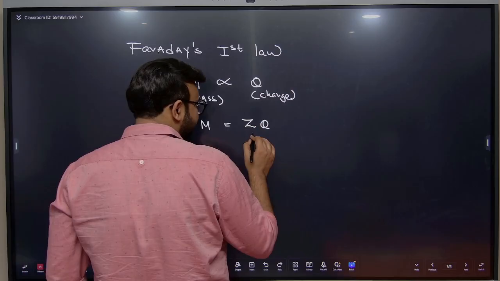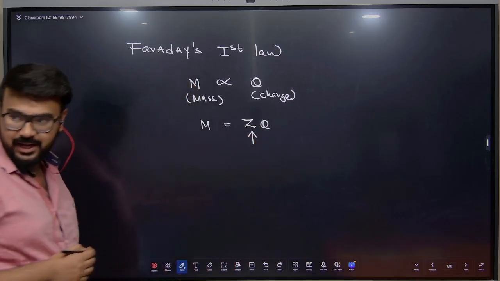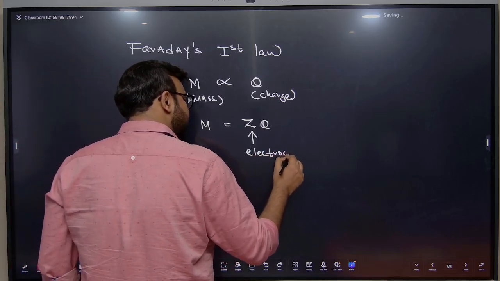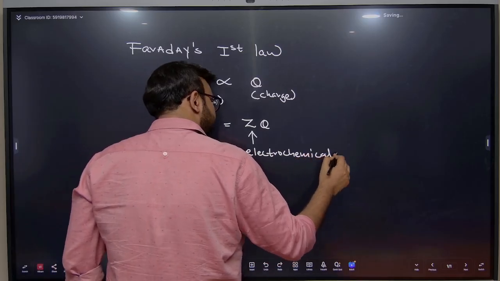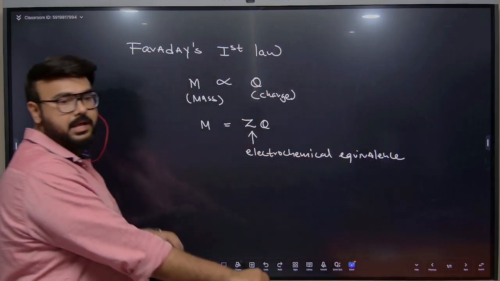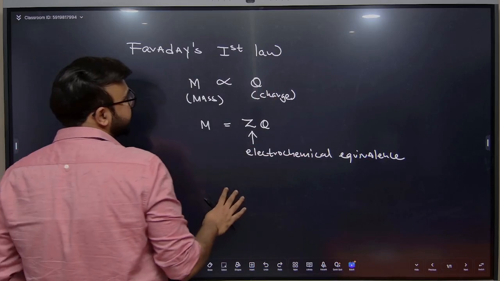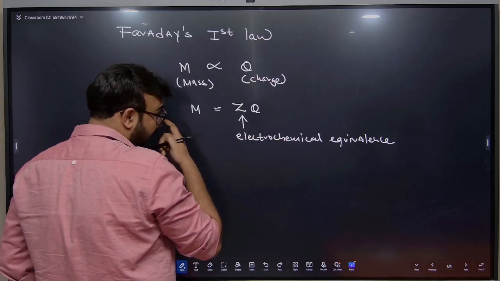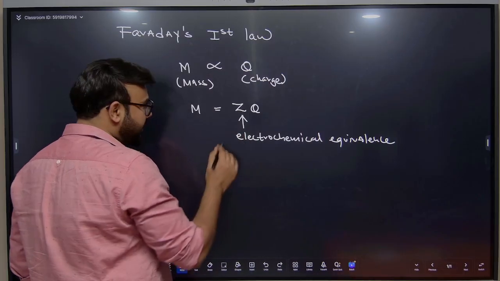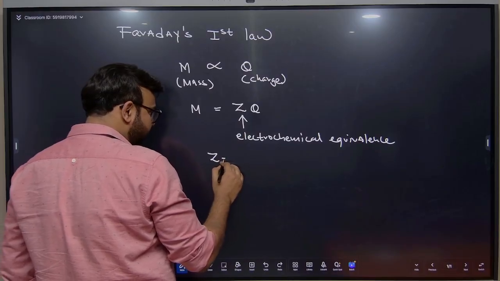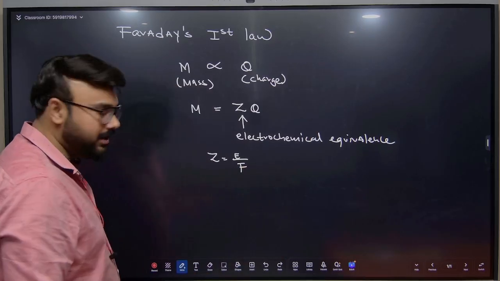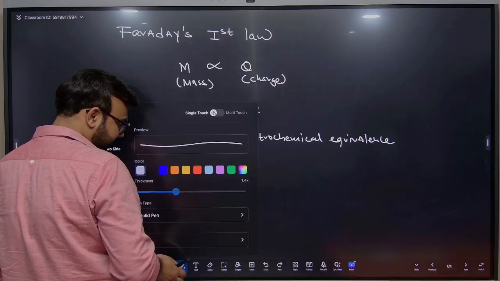Understand what Z is. Z is called electrochemical equivalence. It is a constant. Now, if I have to expand Z, Z is E by F. Now, the question arises, what is E?